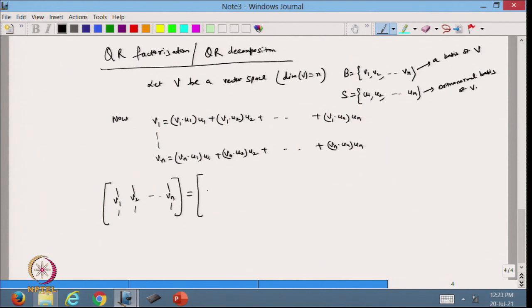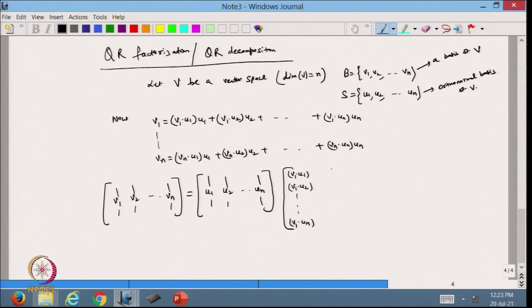It can be written as U1, U2, ..., Un, multiplied by a matrix that is V1 dot U1, V1 dot U2, ..., V1 dot Un. This is a dot product we are taking.